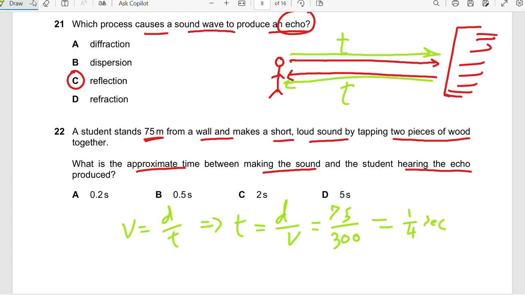This is the time for one distance, but remember it should go back again, so the total time is 1 over 4 multiplied by 2, which gives me half, or 0.5 second. So it is option B.